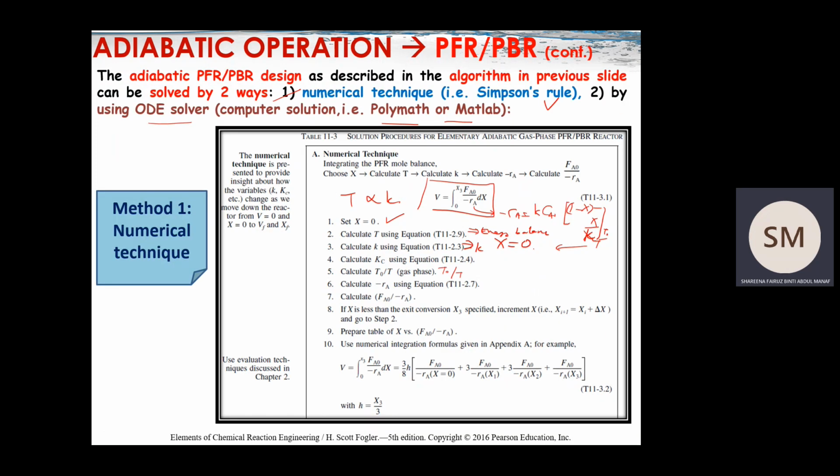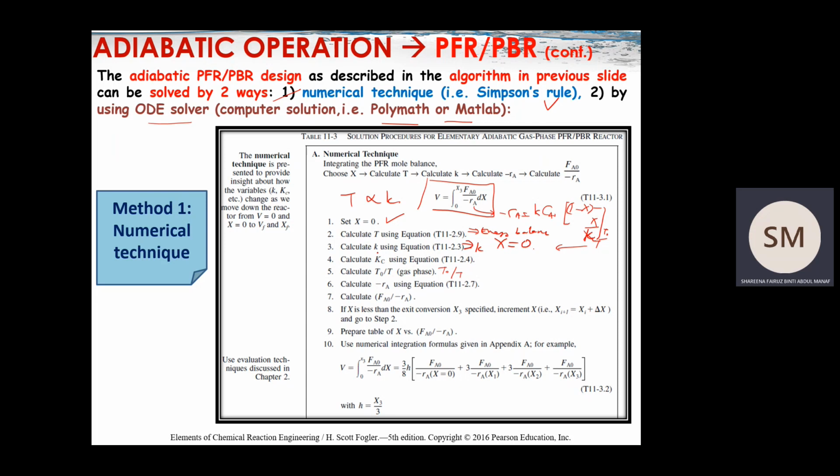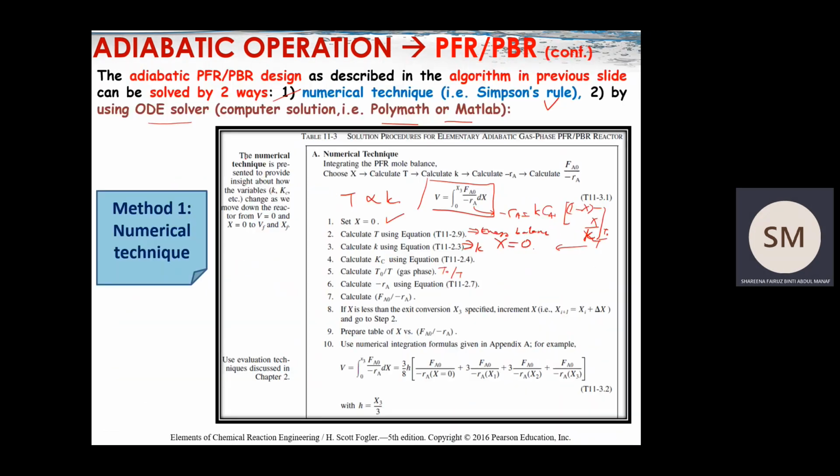Because you will use this for negative RA. If you notice, in negative RA there is the ratio T0 over T. So just put the initial temperature here and then T according to the one that you obtained before, because this is a sequence. So once you have T, put it here and you will be able to get the negative RA. So make it as FA0 over negative RA.